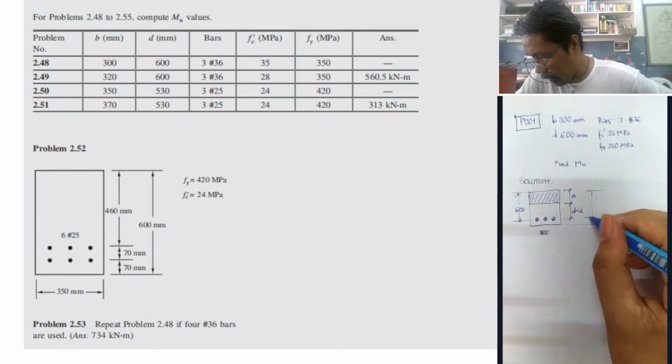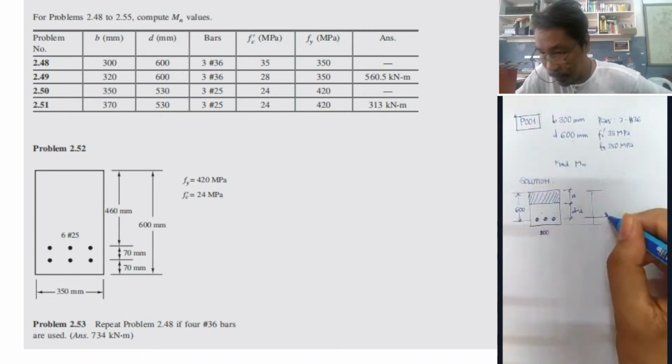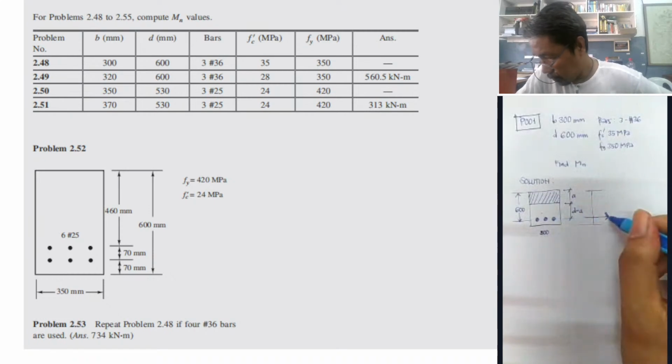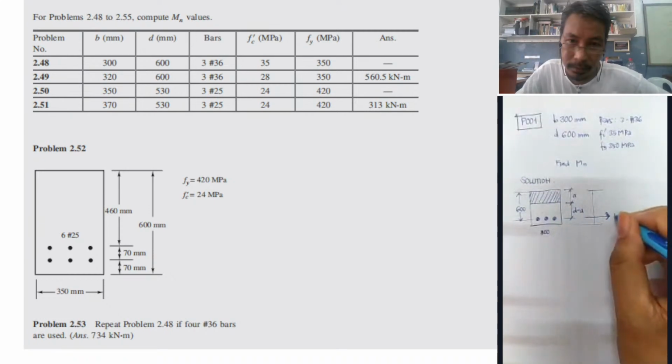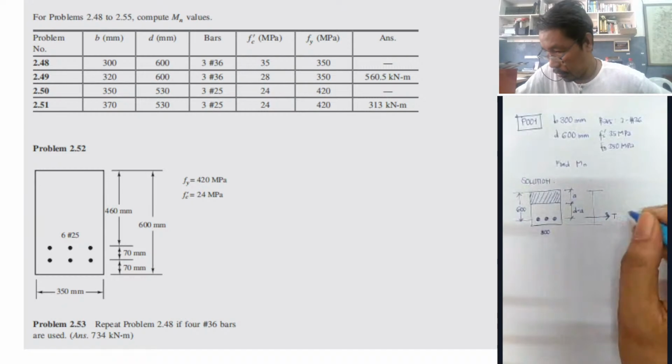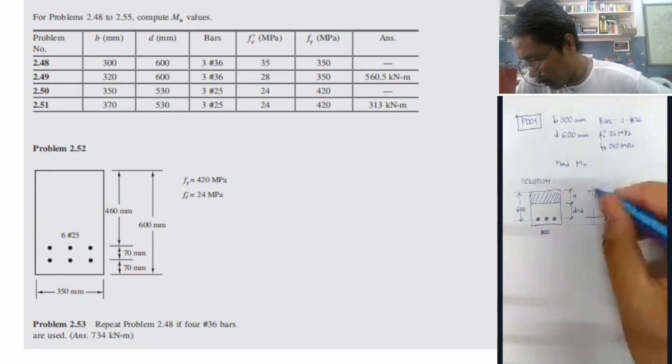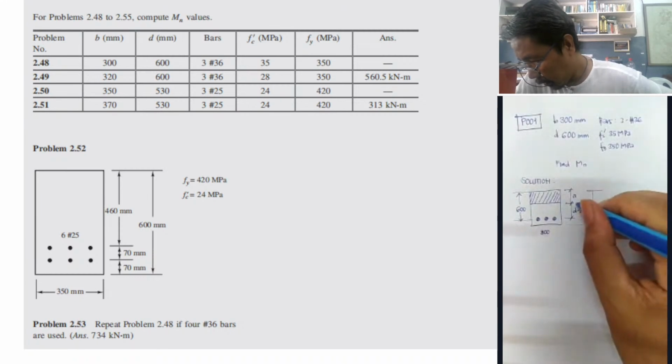So we have the resistance being contributed by the reinforcement, and we call that as T, representing tension force. And the model itself is actually like this.